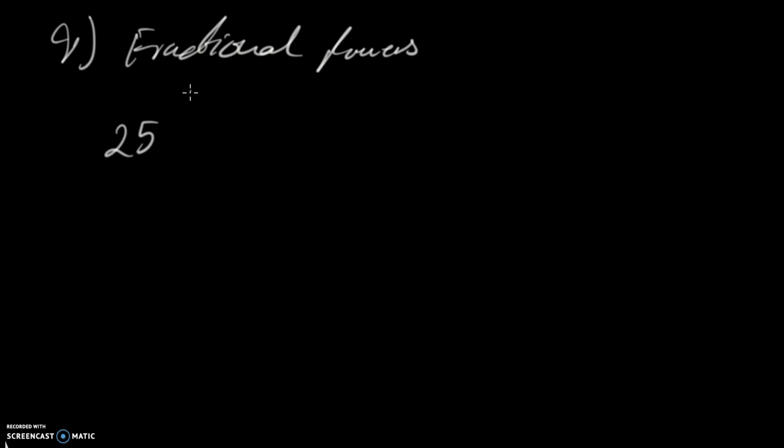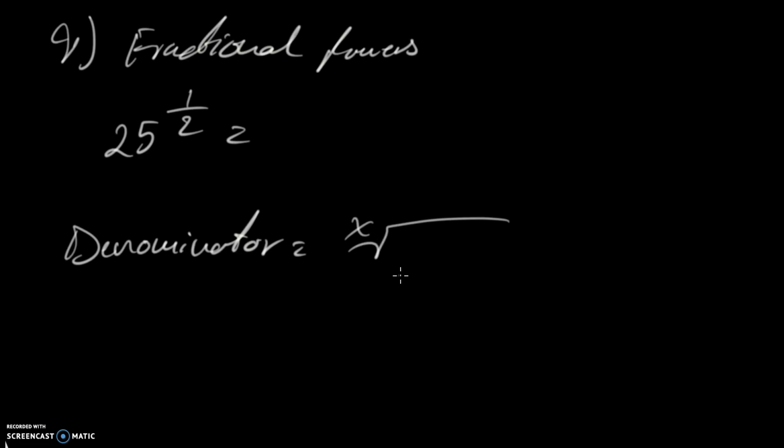Fractional powers is number 9. So let's say we have 25 to the power of 1 over 2. So the denominator in a fractional power means this.